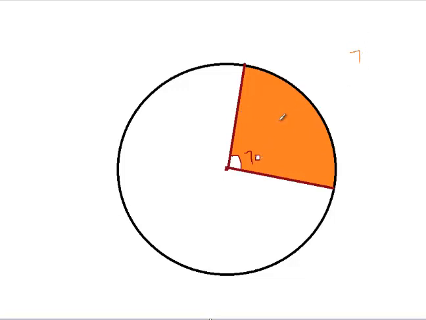Of 70 degrees, there's 360 altogether, so you'd divide 70 by 360. To make this a little easier, let's make it 90. This would be 90 out of 360, so that would be 1 out of 4, so this would be 1/4 of the circle. Whatever the entire area of the circle was, you'd get it down to 1/4 of that.